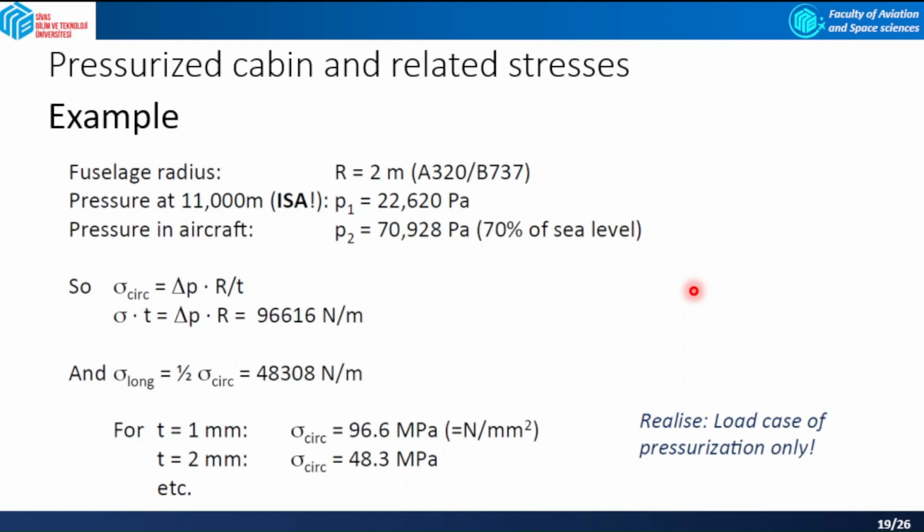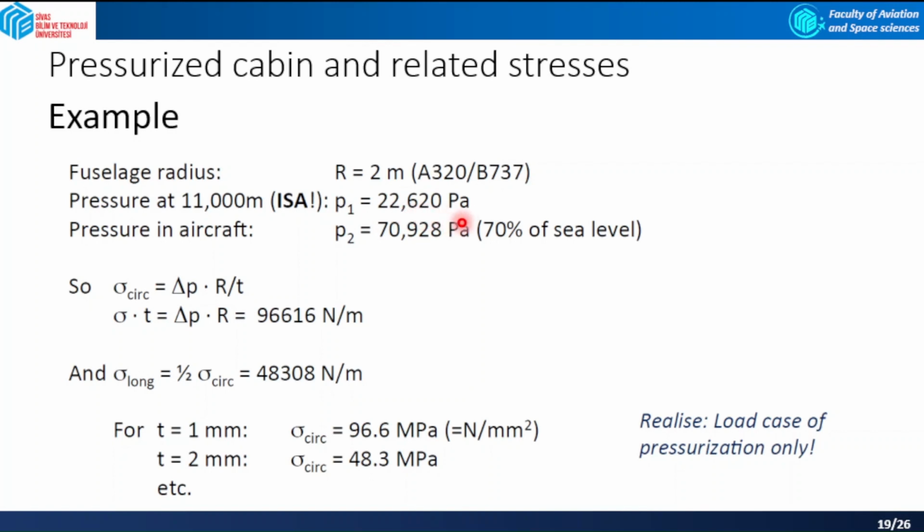And if this aircraft is flying at an altitude of 11,000 meters, again you can refer to the international standard atmosphere, you can calculate the outside pressure using the formulas you remember, and it will result in slightly over 22 kilopascal, 22,620 pascals.